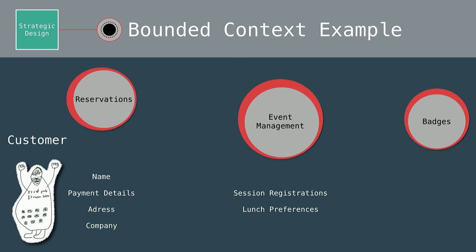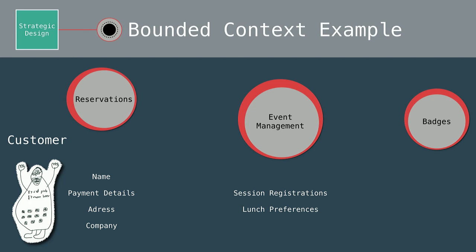Basically, the customer can be seen as a lunch preference. So I, as a visitor of a conference, get reduced to a crappy lunch preference. I'm a vegetarian, I'm a meat eater, I'm a vegan, or whatever.